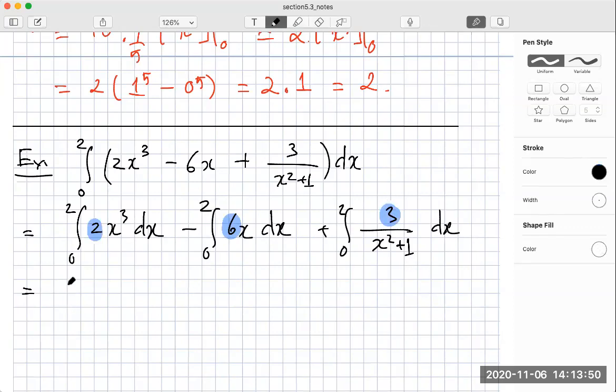So when we do so, it will be 2 integral from 0 to 2 of x cubed dx minus, and what is it next here?